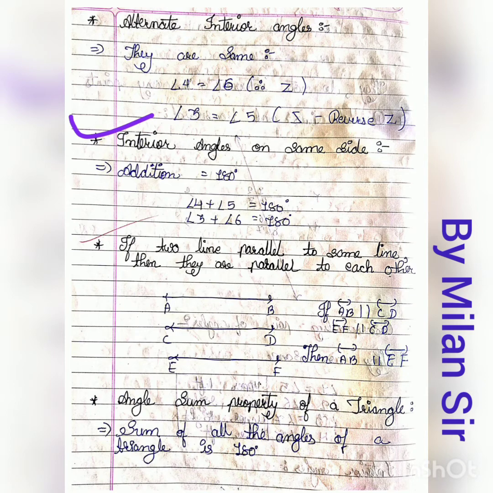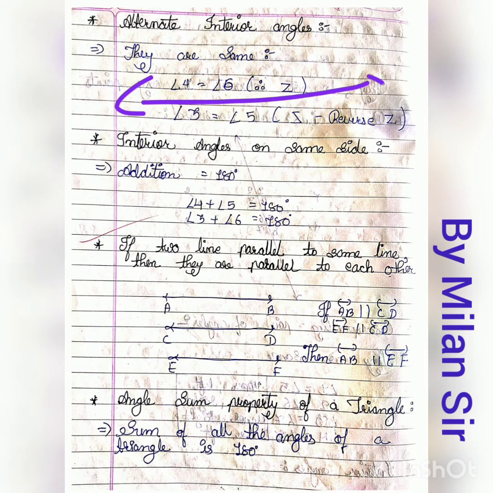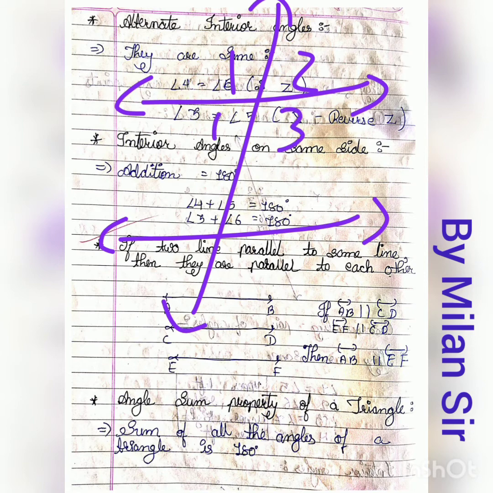After that, the next pair is interior angles on the same side of the transversal. Now again two parallel lines and a transversal are there. Here 1, 2, 3, 4, 5, 6, 7, 8.